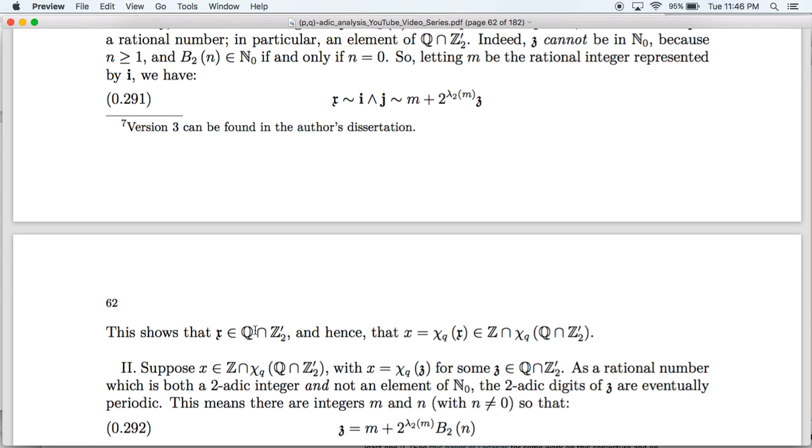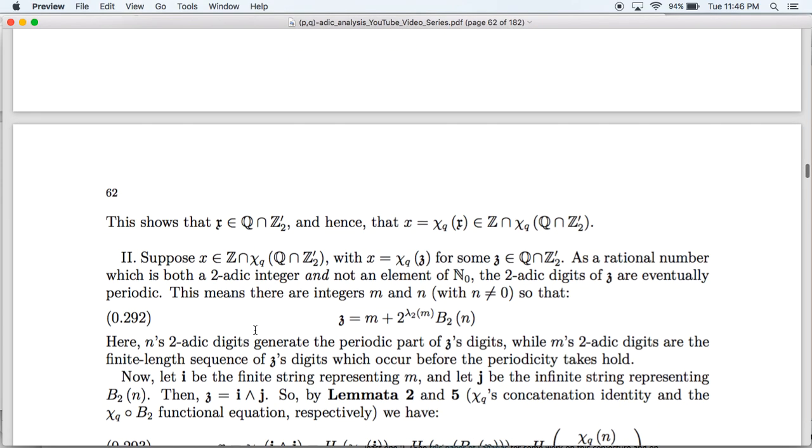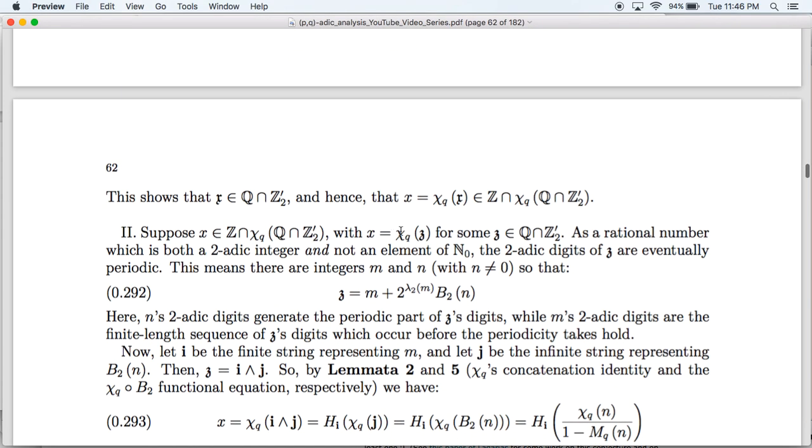So the other direction. Suppose x is in Z intersect chi-q of Q intersect Z2 prime, where x is equal to chi-q of z for some rational 2-adic integer with infinitely many digits.